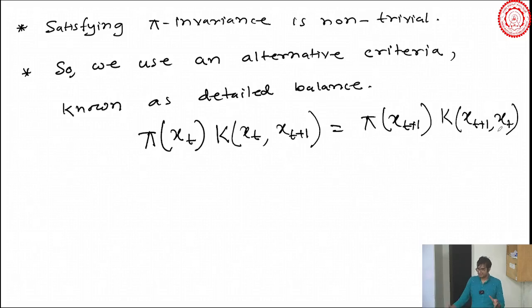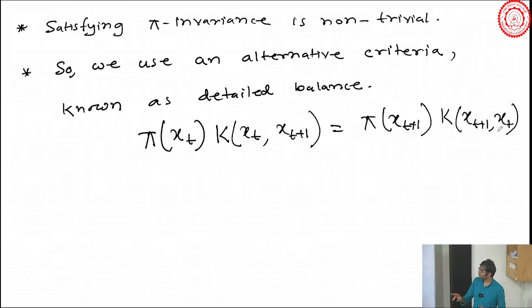You take the probability at current state, multiplied by it transitioning from current state to the next state, the state at next time instant, I should say. That should be equal to the probability of being in the next state multiplied by the probability of transitioning from the next to previous, x_{t+1} to x_t. And if these two are same, then we call it detailed balance. Detailed balance because this way and this way, that is balanced. Okay.